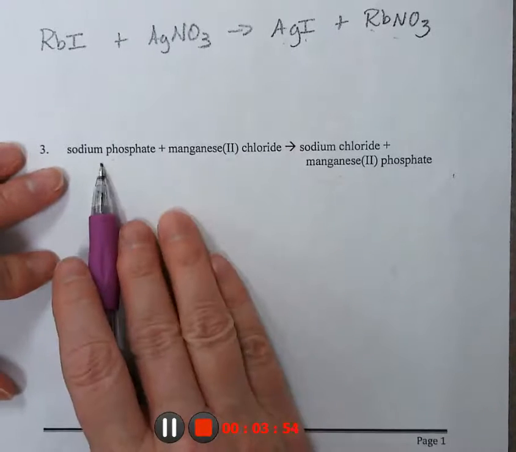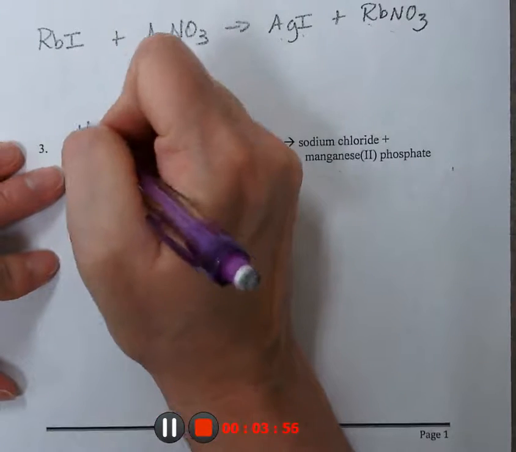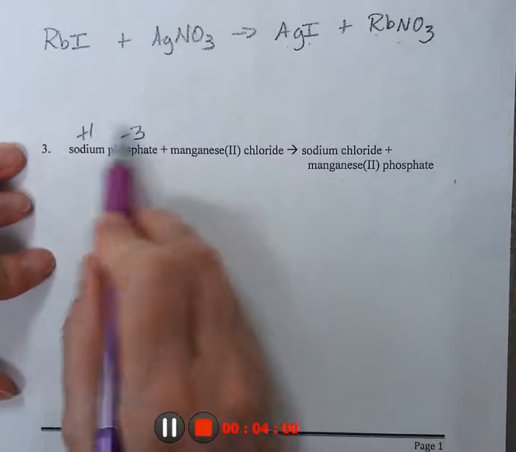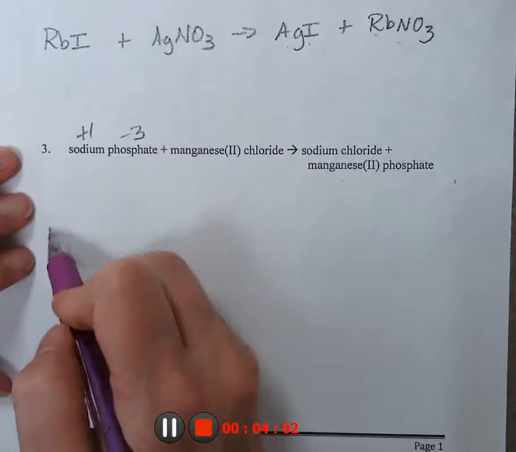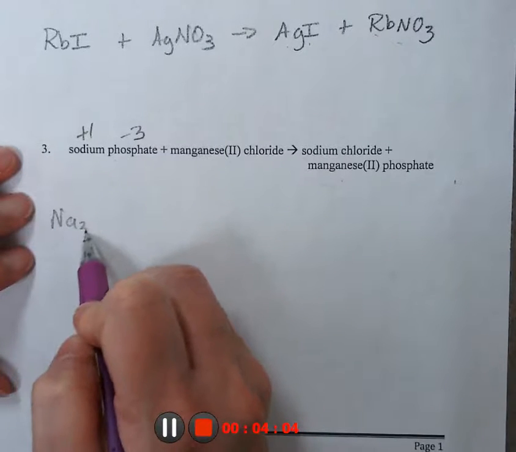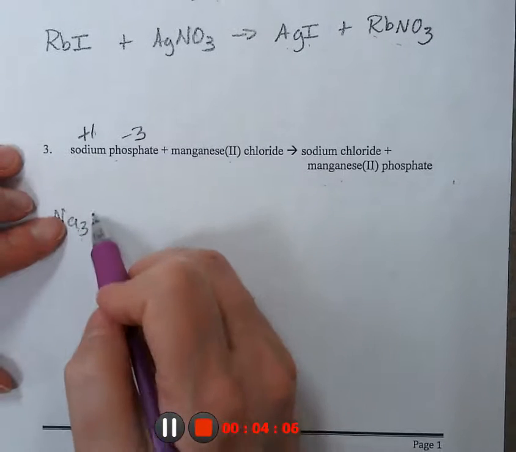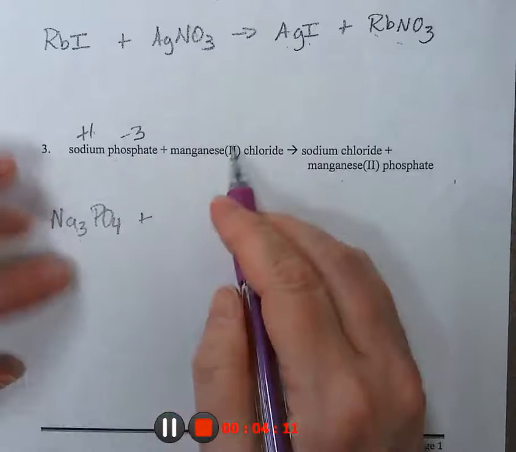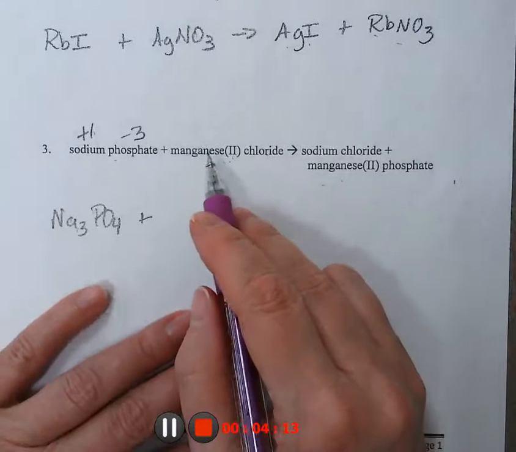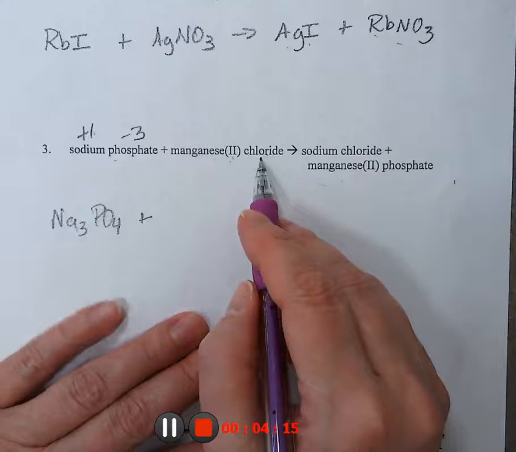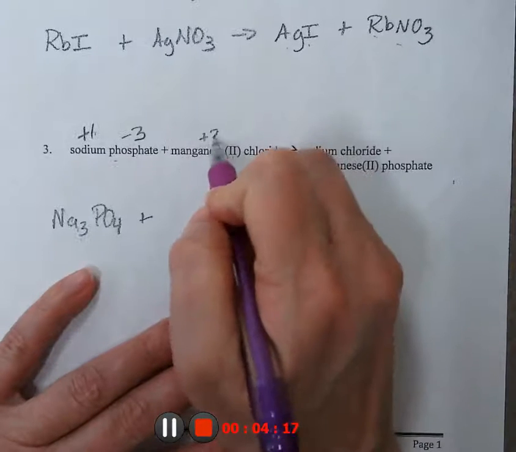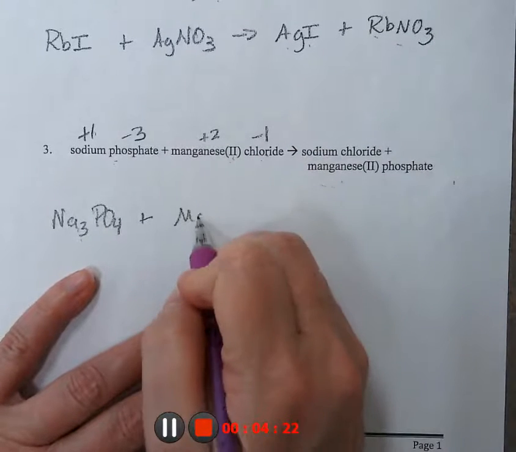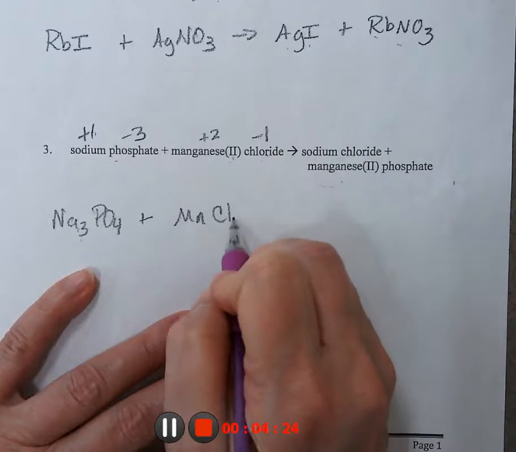Okay, so sodium phosphate reacting with manganese 2 chloride, making sodium chloride and manganese 2 phosphate. So this is an ionic compound consisting of a group 1 metal and a polyatomic ion. So these are not balanced, so I am going to need subscripts to charge balance. So I need 3 of these for every one of those to make them cancel. Manganese 2 chloride, an ionic compound consisting of a transition element and a halogen, +2, -1. This is not balanced. I am going to need a subscript to balance that one.